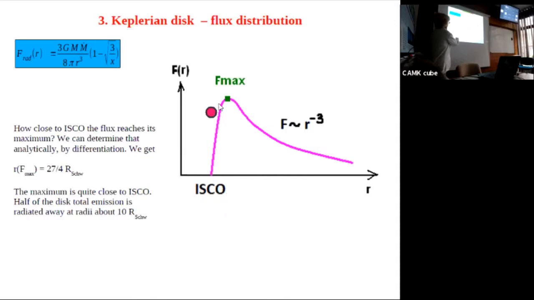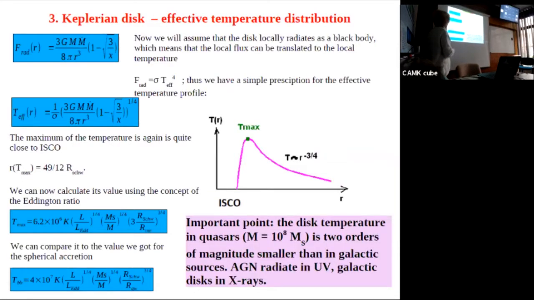And this maximum is actually quite close to ISCO, so a lot of energy is dissipated in this region. If I did not make a mistake, then this maximum is located at 27 divided by 4 Schwarzschild radius. And roughly half of the energy is dissipated inside 10 Schwarzschild radii. So a lot of the energy which you see from quasars, for example, is really dissipated close to the black hole.